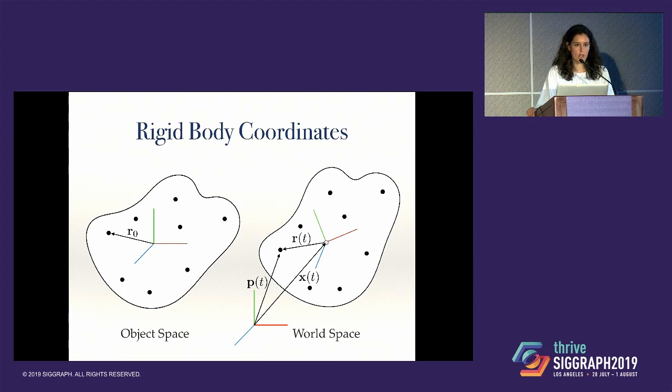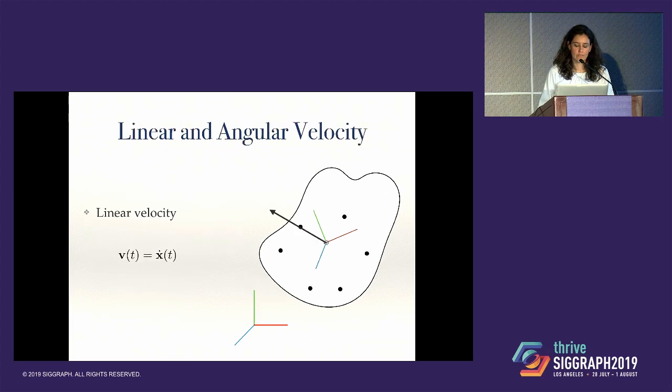And to distinguish from object space, we relabel the regular space that we normally talk about as world space. So that's just regular space where things are moving around and so on. Now, a rigid body has a linear velocity, and this one behaves very much as if all the mass of the rigid body was just concentrated at its center of mass.